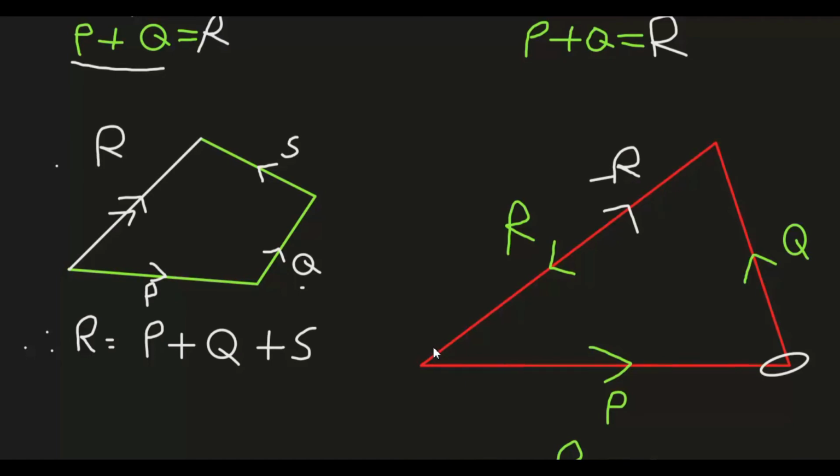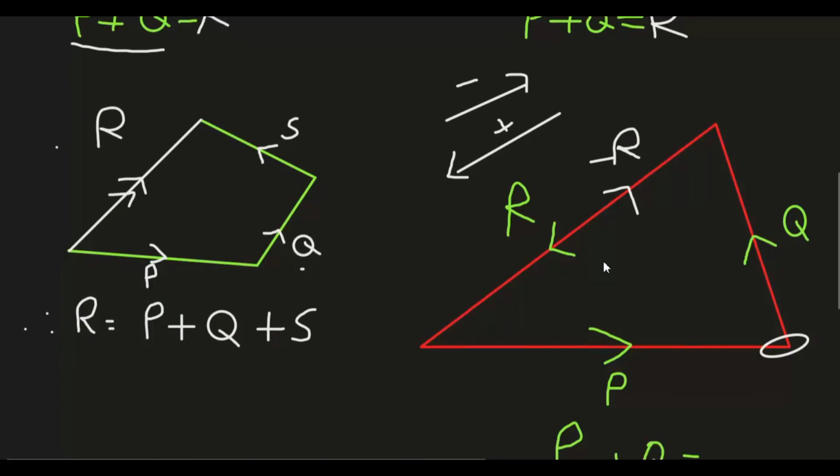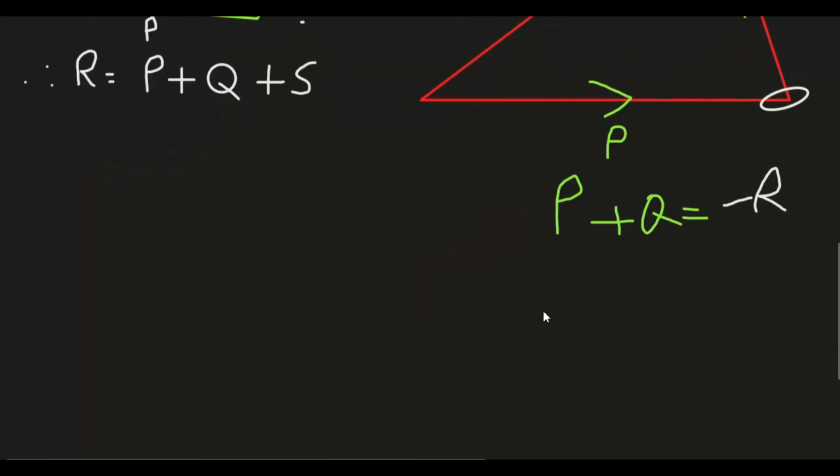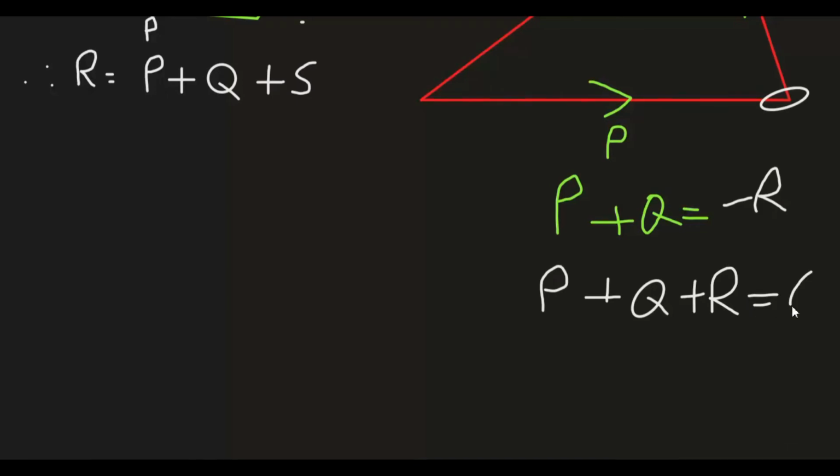So if this direction is positive, then definitely this direction will be negative, right? So I can say that P plus Q equals minus R. And I can also say that P plus Q plus R equals 0.